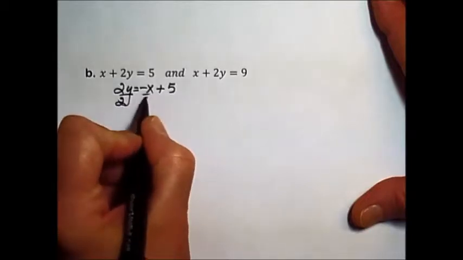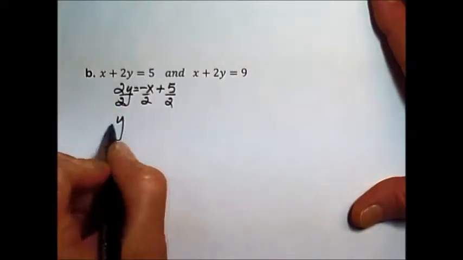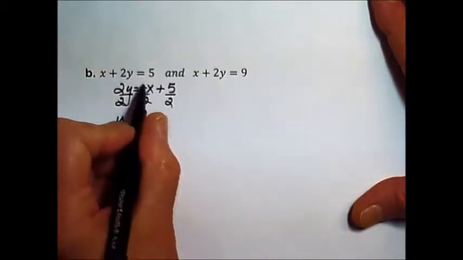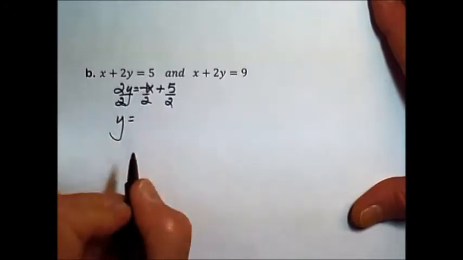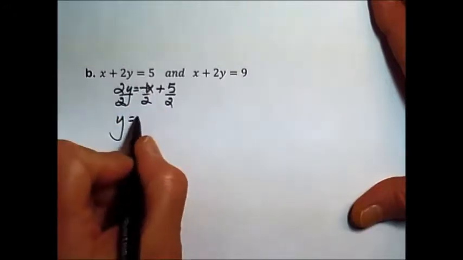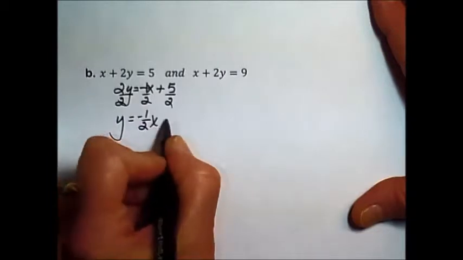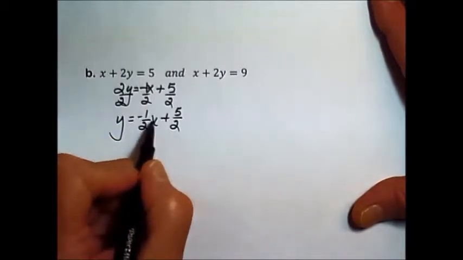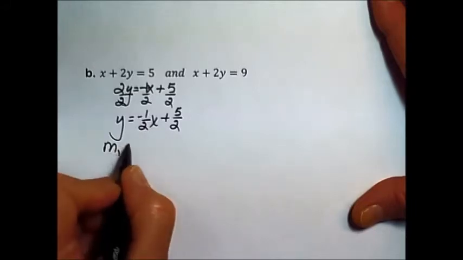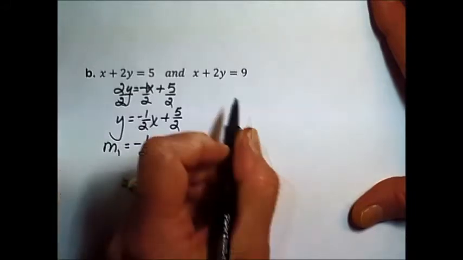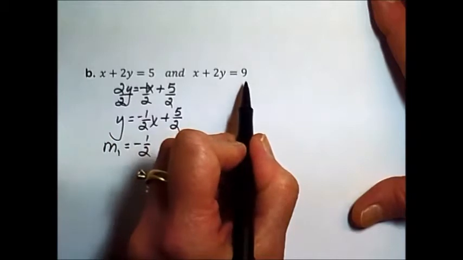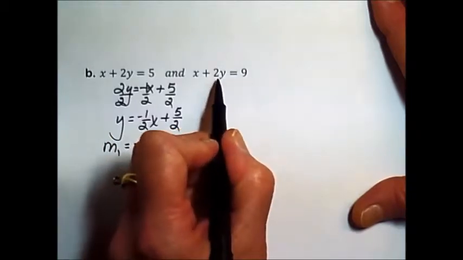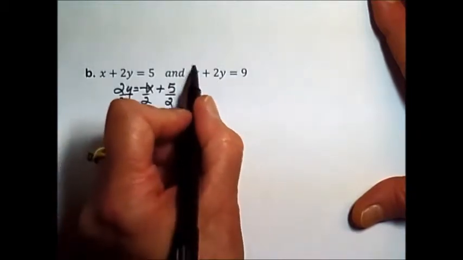Divide every term by 2, and we have a negative 1/2 times x for the slope here. If I pull that coefficient away from the x, we have a slope for this first line, a negative 1/2.